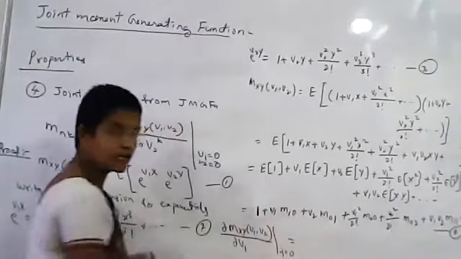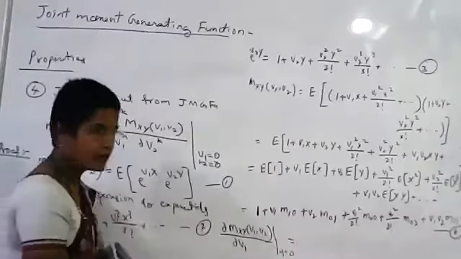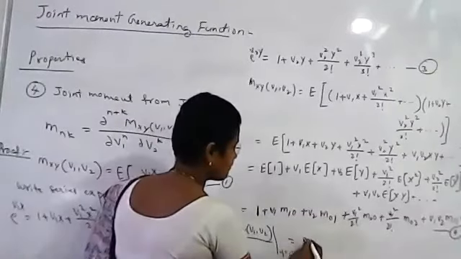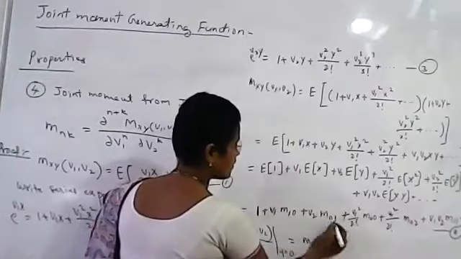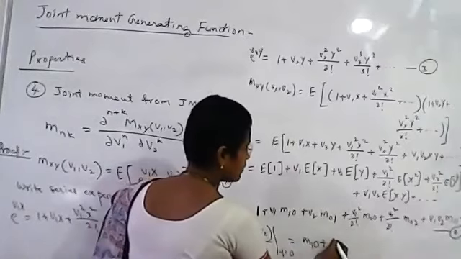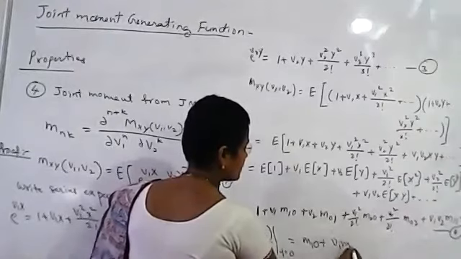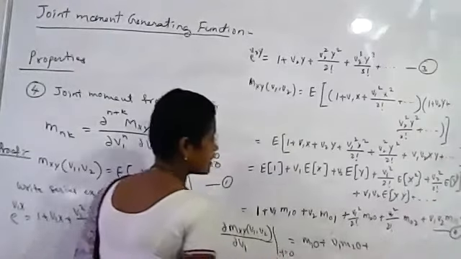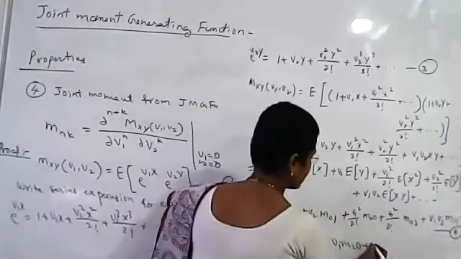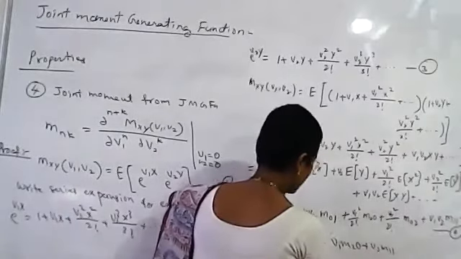The differentiation of 1 is 0, so we will not get 1. We will get m10, and this term we will not get. Here we get 2 v1 m20. Then here we get v2 m11.